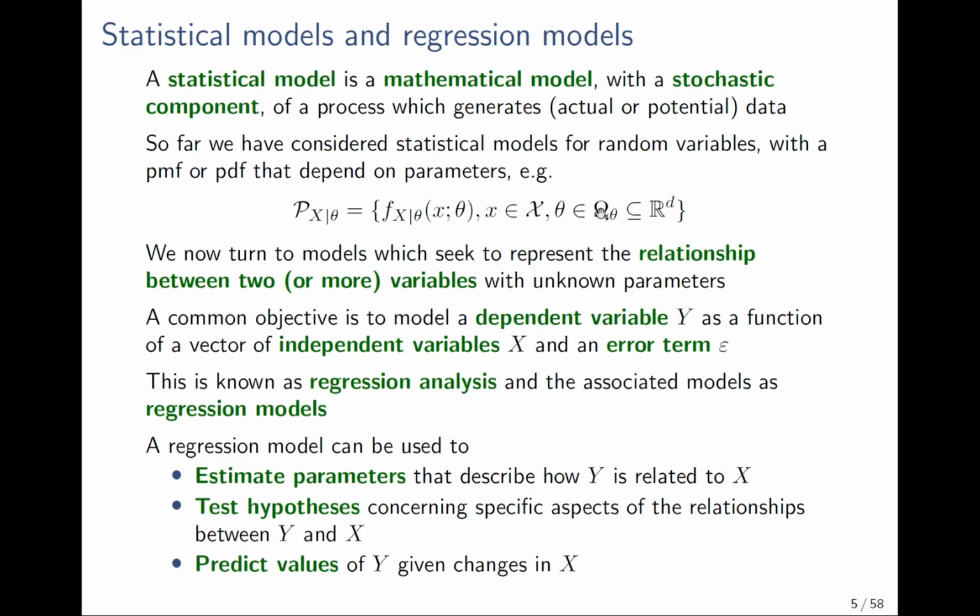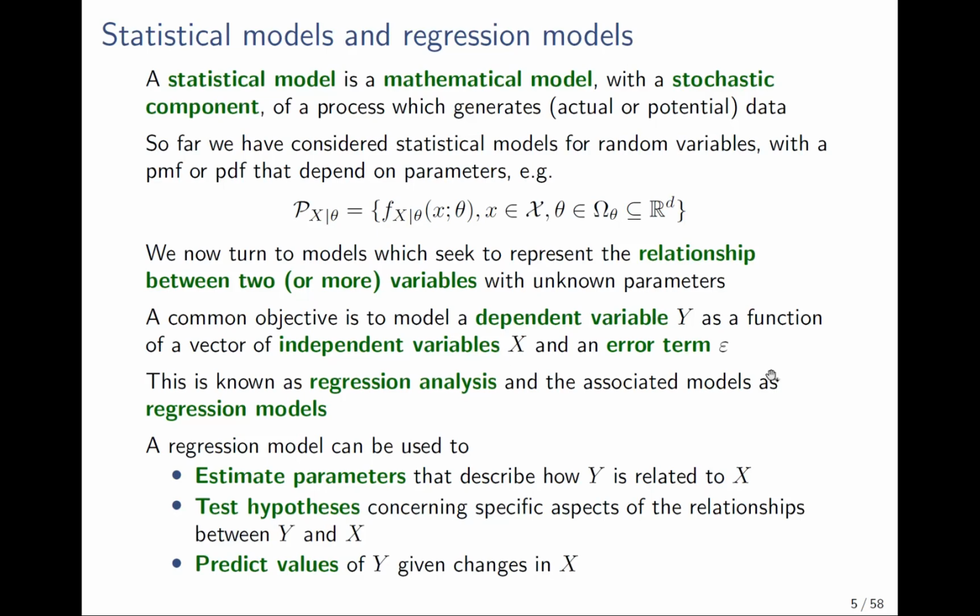What we're going to do with the models we're looking at now is turn to models which seek to represent the relationship between two or more variables with unknown parameters. So we're talking about relational variation today. And a common objective is to model a dependent variable we're going to call y as a function of a vector of independent variables that we're going to denote x.